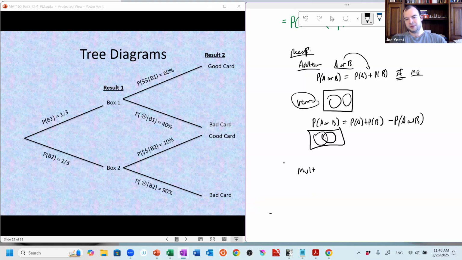Multiplication rule dealt with A and B, that type of event.